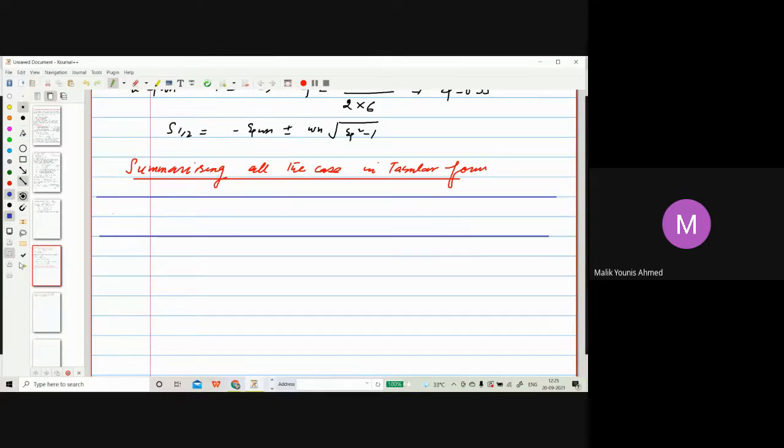First will be range of xi, second will be types of closed loop poles, third will be natural response, and fourth will be system classification.